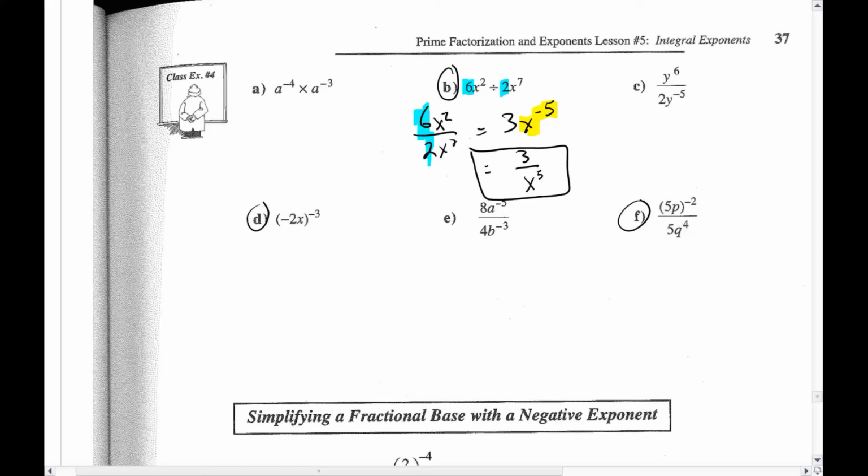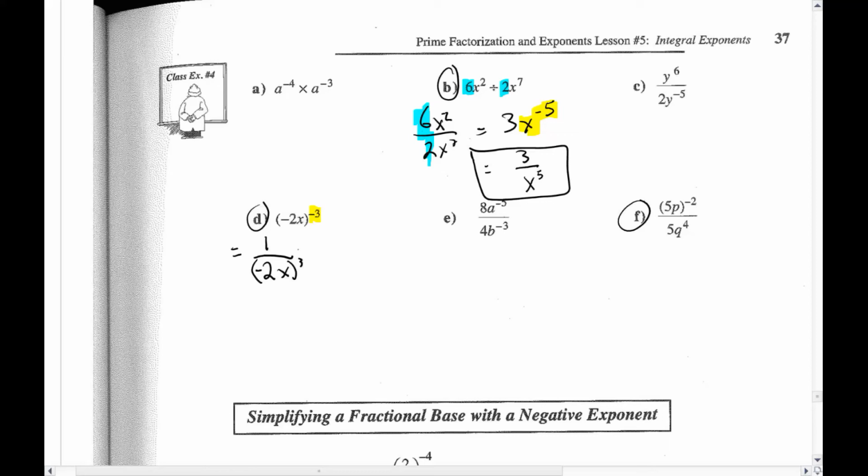Next, we have negative 2x to the power of negative 3. The first thing I want to do is deal with that unhappy exponent. So I can just rewrite this as 1 over negative 2x to the power of positive 3.